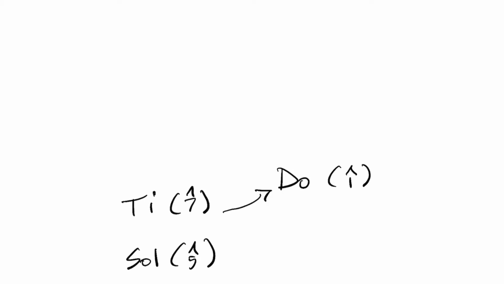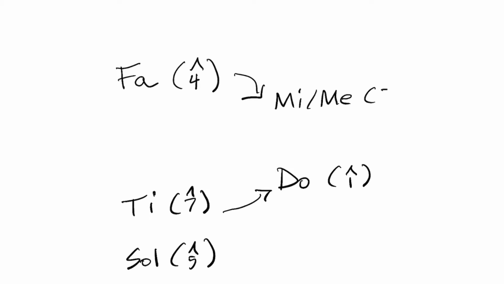The other tendency tone in the 5/7 chord is the chordal 7th. This will always be fa, or scale degree 4, in the 5/7 chord. The new bit of information here is that fa needs to resolve down to mi or me, which is scale degree 3.